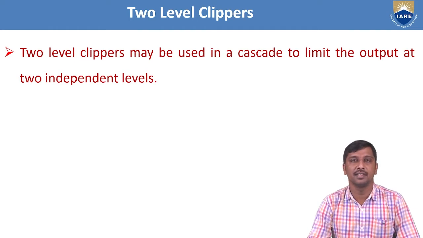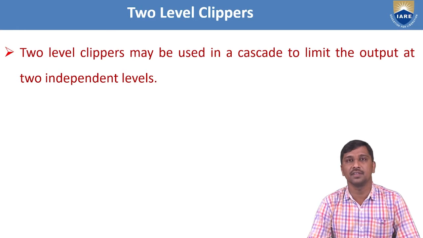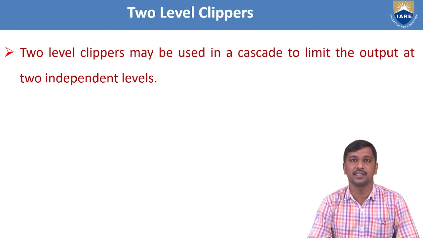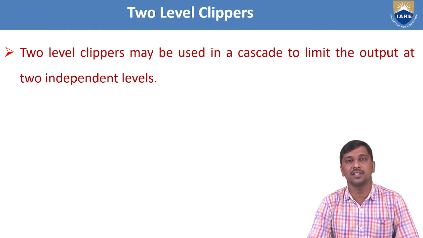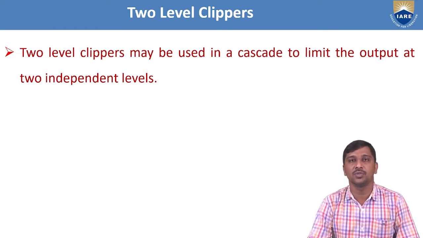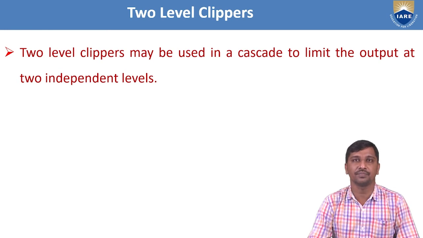That is the reason in this two-level clipper we are cascading the positive peak clipper as well as the negative peak clipper with respect to some reference voltages. Based on those reference voltages, this two-level clipper removes some portion with respect to your applied DC voltages, either in the positive portion, the negative portion, or a combination of positive as well as negative.